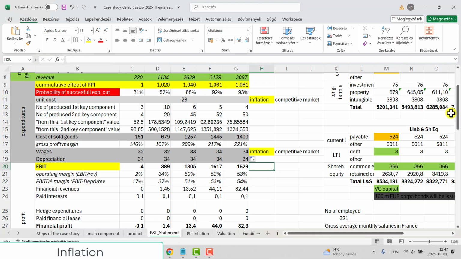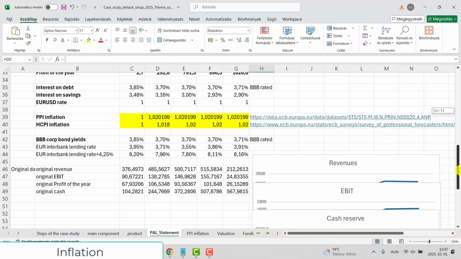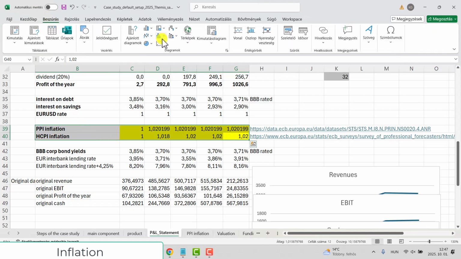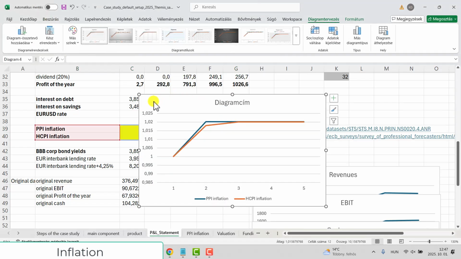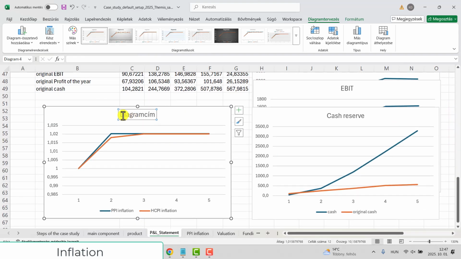And now we can see that, okay, we are reflecting on inflation, even if it's utterly useless. But we have to highlight it. Now we have a graph. So we can say that.